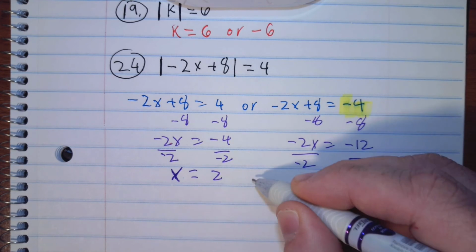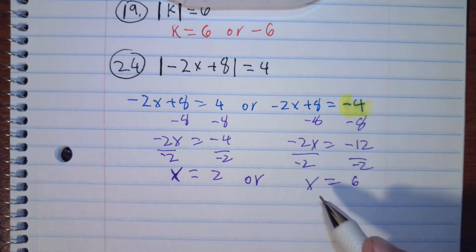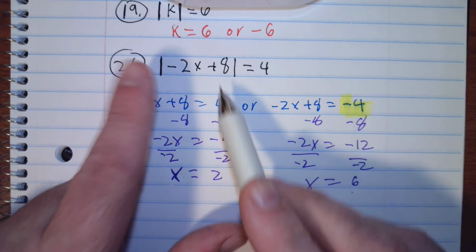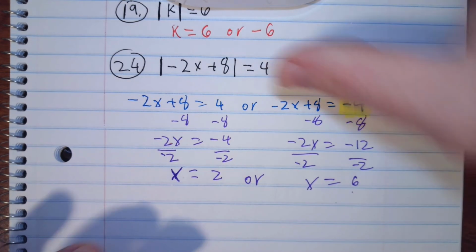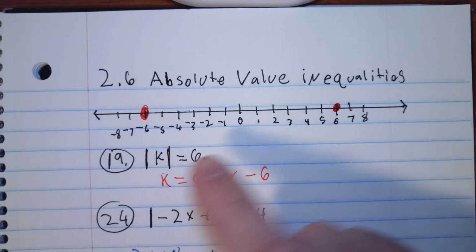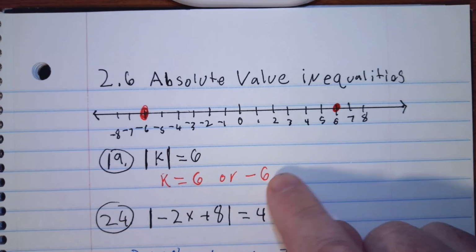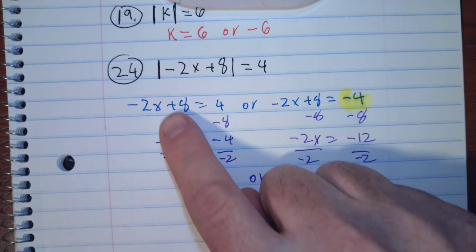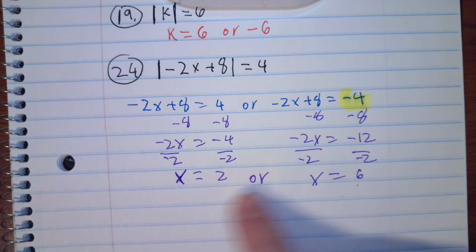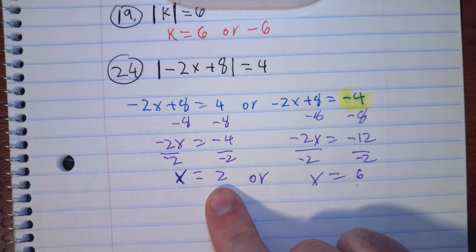So here are my two answers. Okay? Notice that they're not the same number, because we had a complicated thing inside the absolute value. Up here, we didn't have anything complicated in the absolute value, so we got a positive and a negative of the same number. When we add complications in, we're going to have two answers still, but they're not going to be the same number necessarily. And in this case, they were both positive.